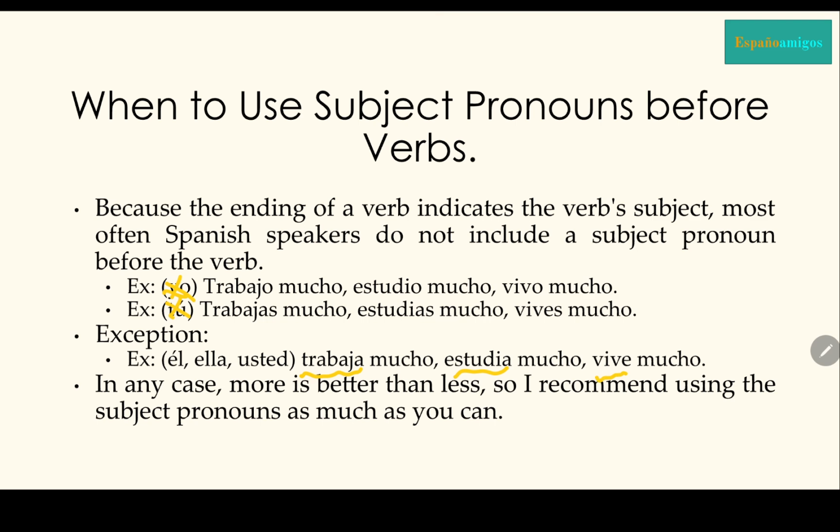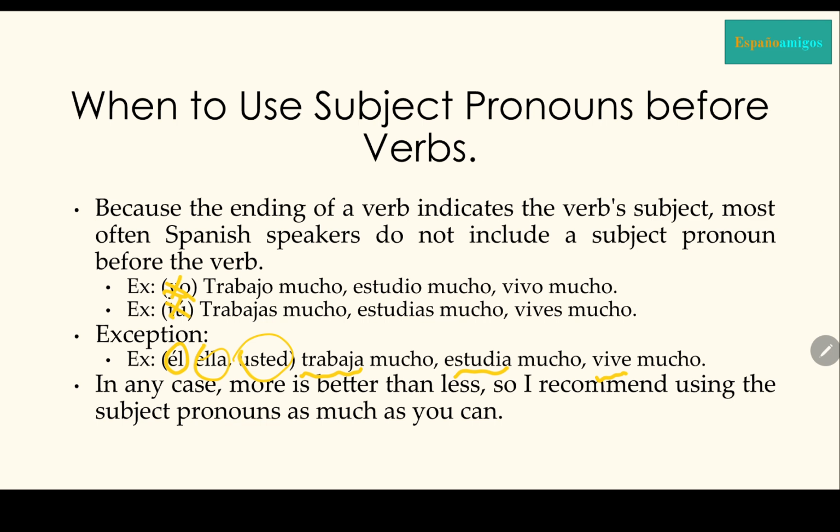So it's important for us to know who did the action: he, she, or you in the formal way. So just in this case, we have to use the subject pronoun to specify who did the action.